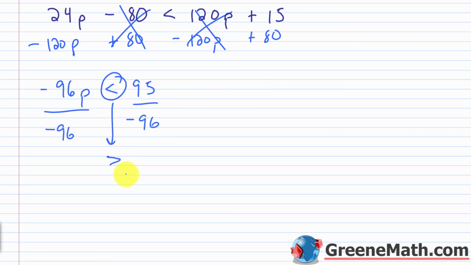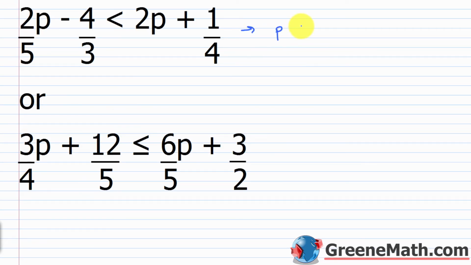This becomes a greater than now. I'll have p is greater than 95 over 96. And because this is negative here, I'll put a negative out in front. So p is greater than negative 95 over 96.